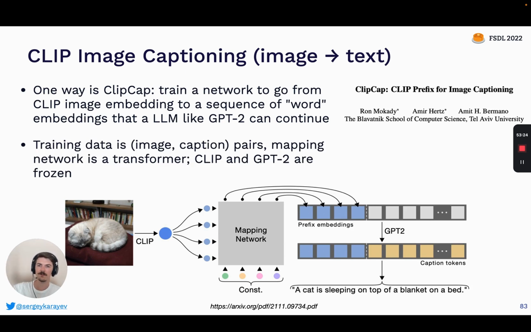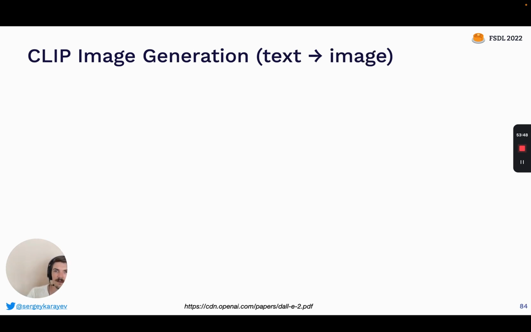So the training data for this would be image caption pairs, the mapping network that takes the image embedding and output sequence would be a transformer. And both the CLIP and the GPT-2 are frozen. So this new mapping network that you're training is going to learn how to work best with the CLIP embedding and the GPT-2 model. Okay, so that's how you could go from image to text.